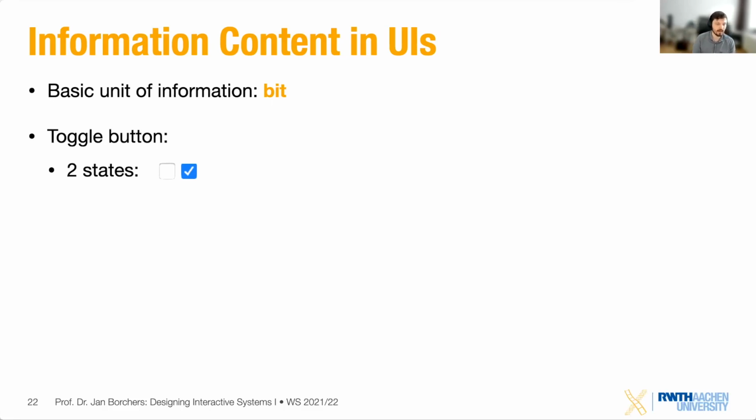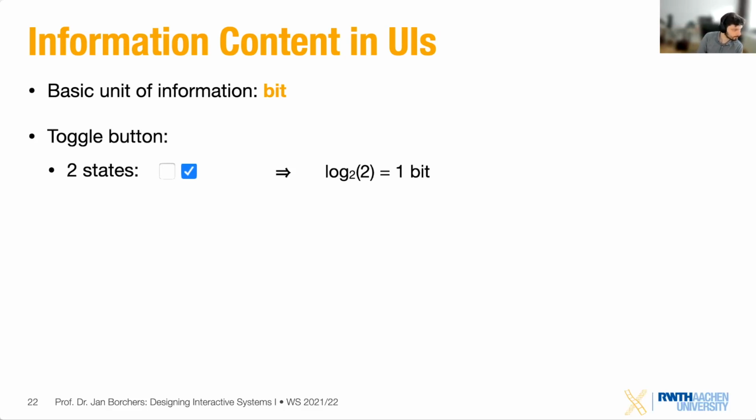This has two states, and we calculate the information content of this by simply saying, okay, two states is more or less 1 bit. A bit can be 0 or 1. So we have here an information content with one checkbox of 1 bit. And you can simply calculate this by putting the number of states into the logarithm to the base of 2. And this will tell you how complex, how much information is included there.